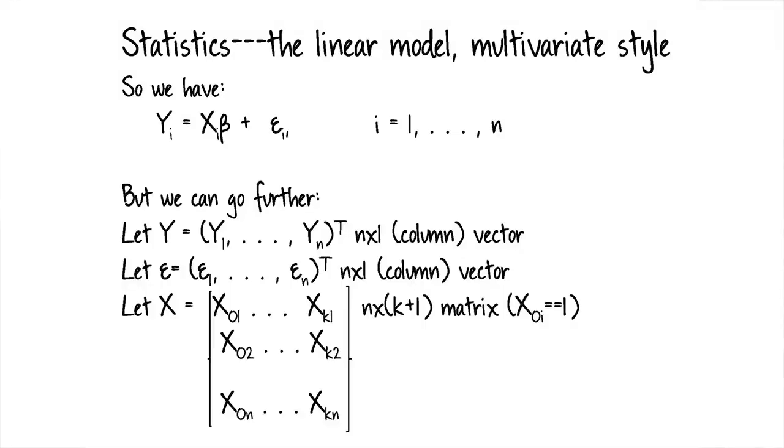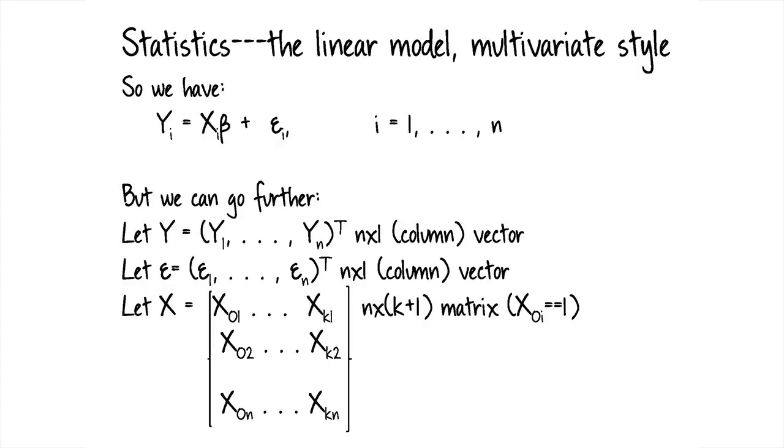And then that lets us use a much more condensed notation for our multivariate linear model. And it's just y sub i equals x sub i beta plus epsilon sub i. Okay? So this is the model for each individual observation.